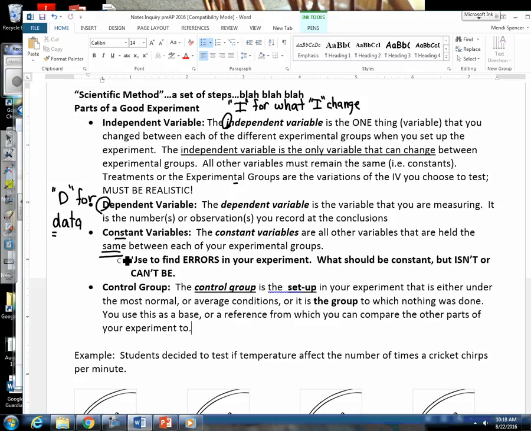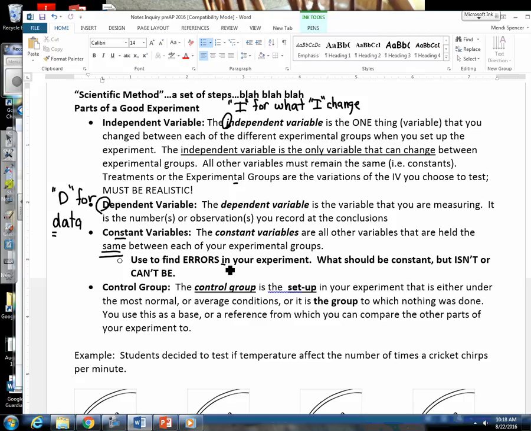Whenever you're asked to find errors in the design of your experiment, one thing I tell students to do is go and look at your constants. What are some things that you indicated needed to be constant, but it was impossible for you to hold them constant? Or there was going to be some slight variation in these variables and it wasn't something that you'd be able to control. Those would be good things to talk about when you're talking about errors in your experiment design.